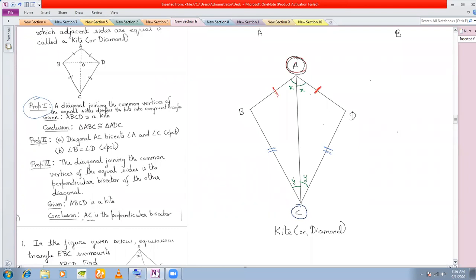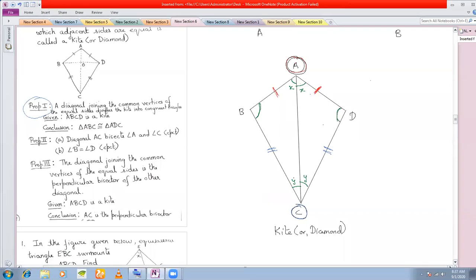Also, by CPCT, in fact property two is nothing but CPCT. It comes from property one only. Also, these two angles are equal. This also comes from CPCT.